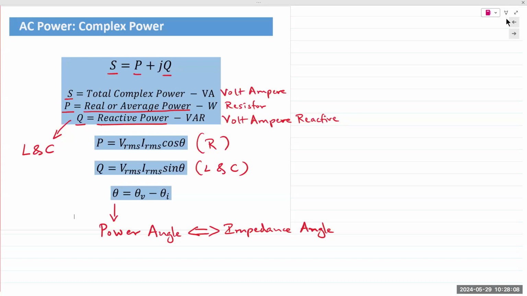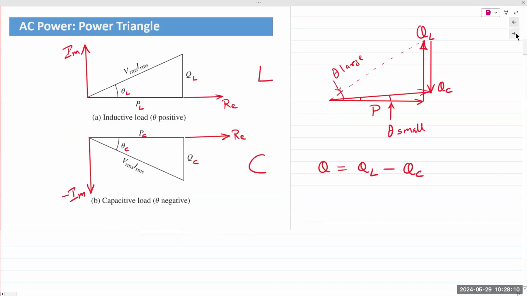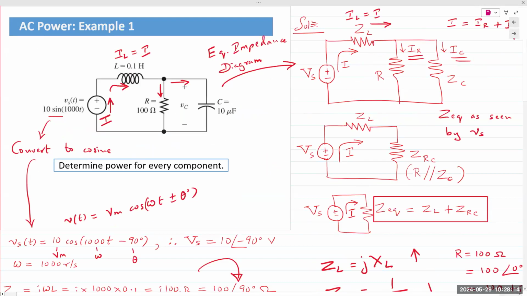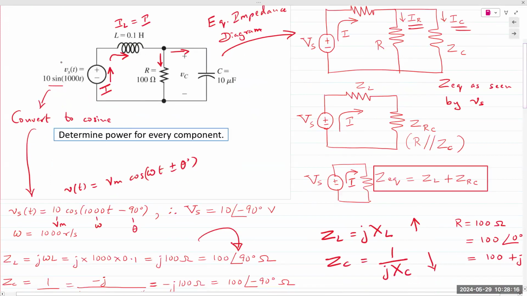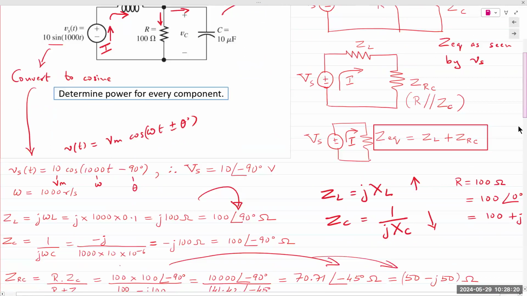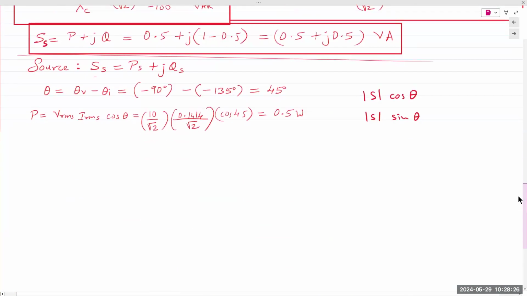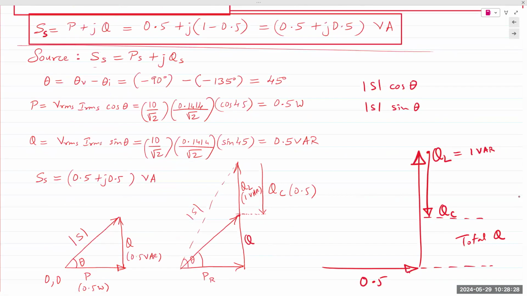I simply plug in the values and calculate both P as well as Q. Voltage, of course, is given to us. Current is something we determined, which is right here. All I need to do is plug it into the equation and find my answers.